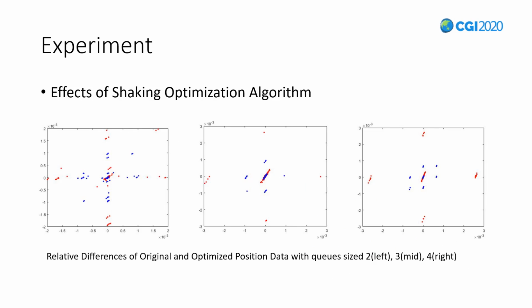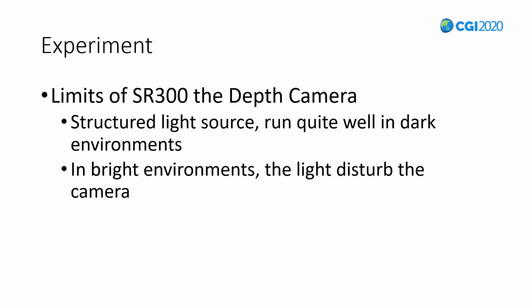After designing the algorithm, we set several values for the size of the position queue, including 2, 3, 4, and more than 5. However, the optimization effect was no longer discernible. It was decided to finally set the size of the queue as 5. We also found some limitations of our experiment.